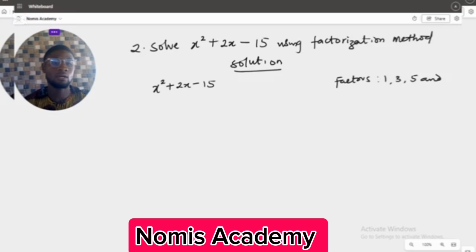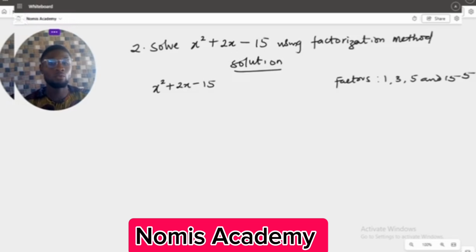Now I can think about which two of these factors, if I multiply them together, give me minus 15, and if I add them together, give me 2. Remember, I said we must consider these factors with signs, whether positive or negative, to get what we are looking for.